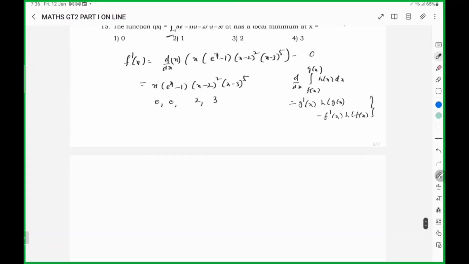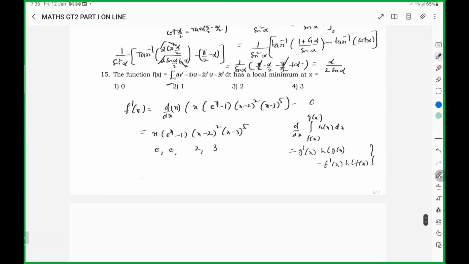So where the function changes its nature: 0, 2, 3. So just before 0, minus, if you take minus 1, e power minus slight lesser value, minus 1, e power minus 1, 1 by negative, here positive, some small negative value.